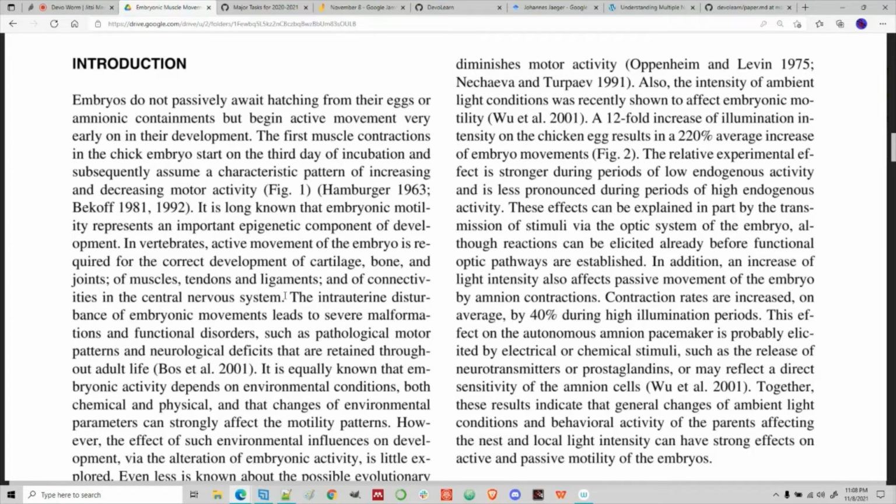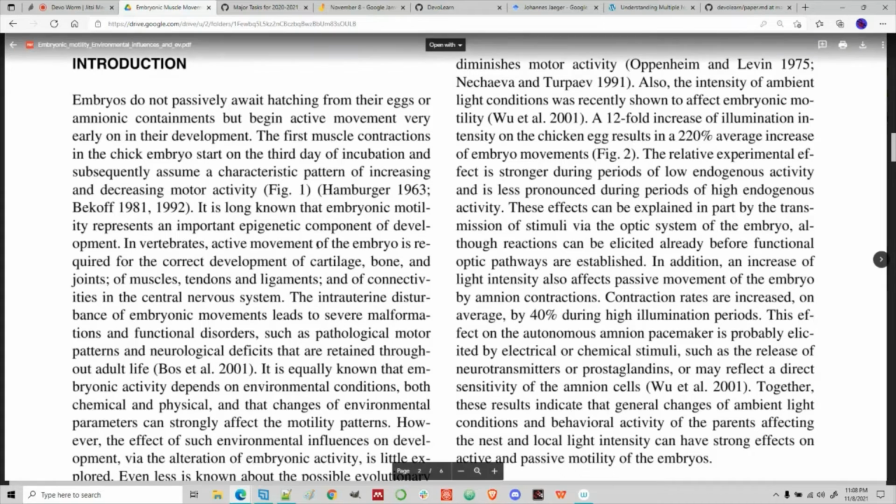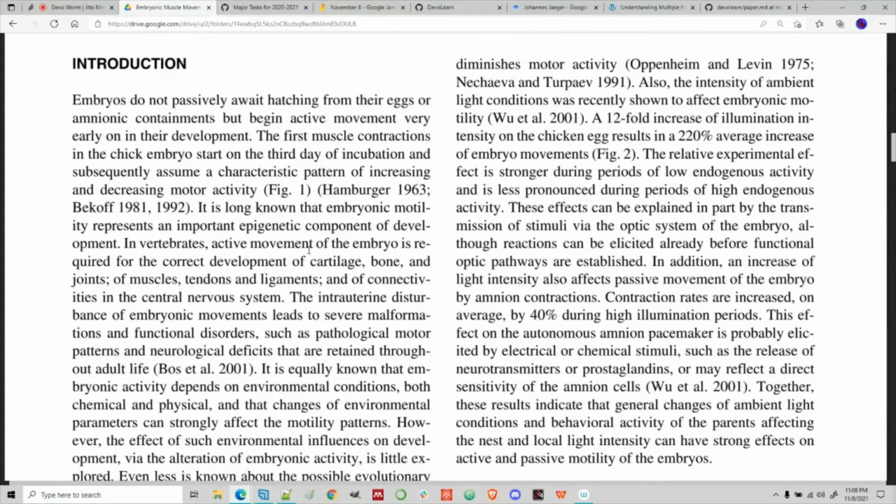And if you know how the central nervous system forms, you have neurons that differentiate, and then you get axons that branch out and try to find each other, and then synapses get established. A lot of that synaptic connection is going to be based on some sort of activity. So active movement is actually driving a lot of that process and strengthening the first synapses that form.